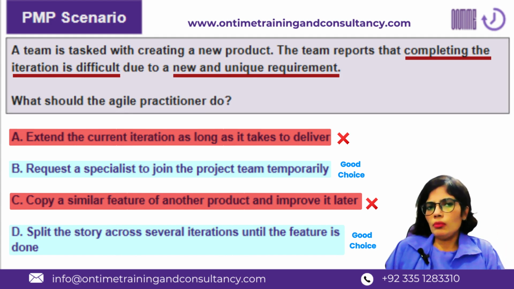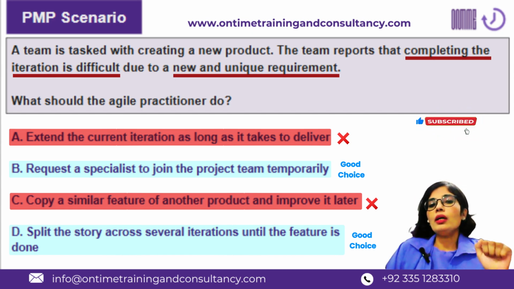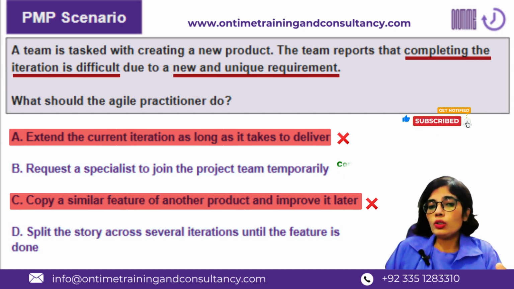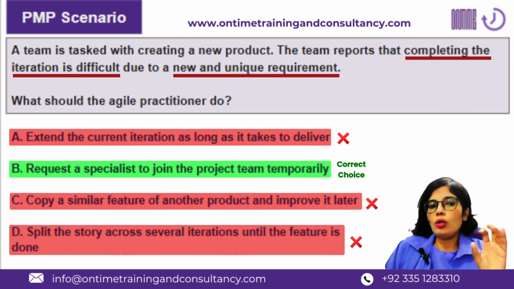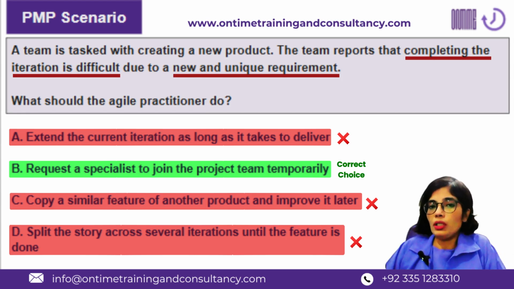Maybe not in time, maybe not in the same iteration, but at least in the right direction, and maybe in less time with respect to D only, right? So option B is the right thing to do, by onboarding a specialist or a subject matter expert or domain expert in the team, speaking to him and getting the right understanding and clarity, and maybe based on his experience, you should be moving forward as a team.